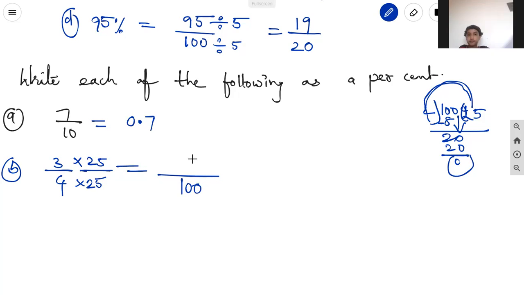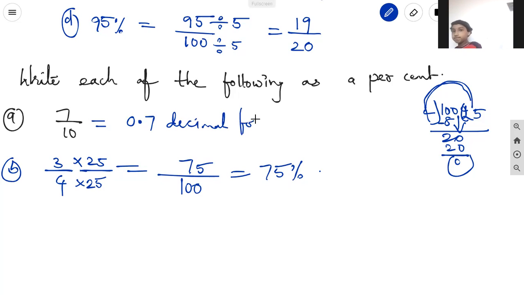Next, 25 3s are 75. It is equal to, in the denominator 2 zeros means 0.75, or it's a decimal form. Then we write it in percent form, which means this is equal to 75%. Here in the first question, it is the decimal form.